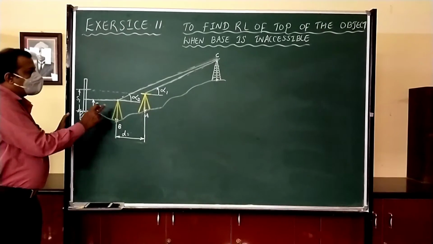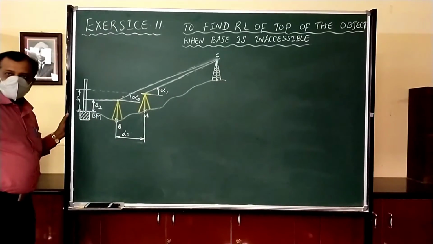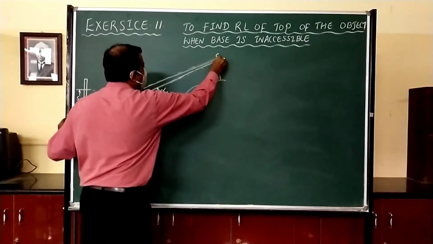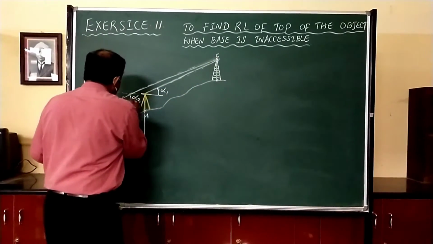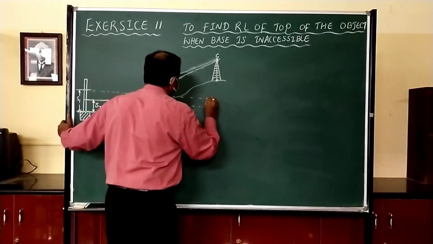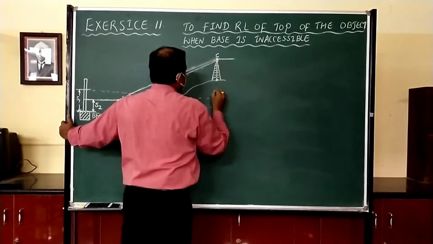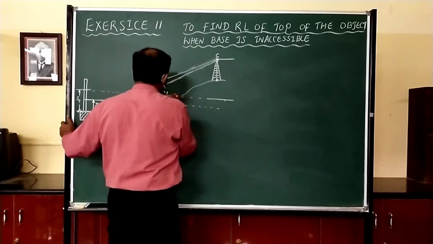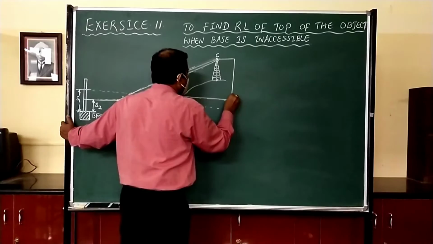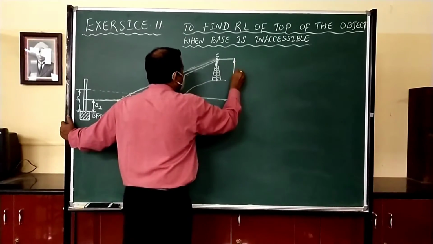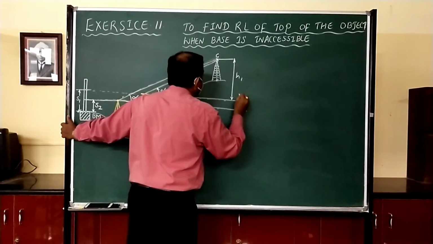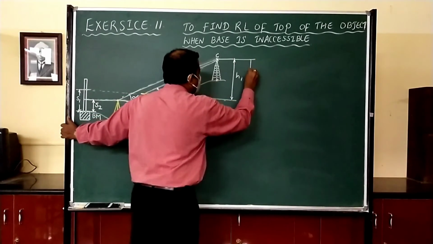Now, after noting down all these observations, how do we find the RL of station C? Let us take this distance as H1. Let us take this distance as H2.